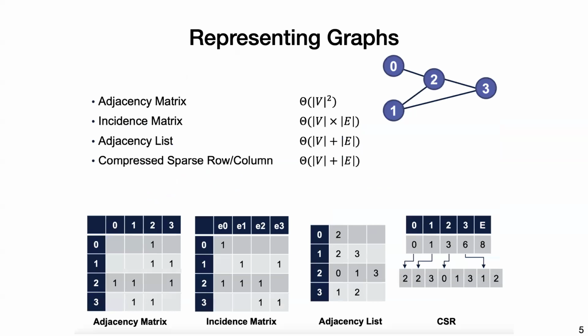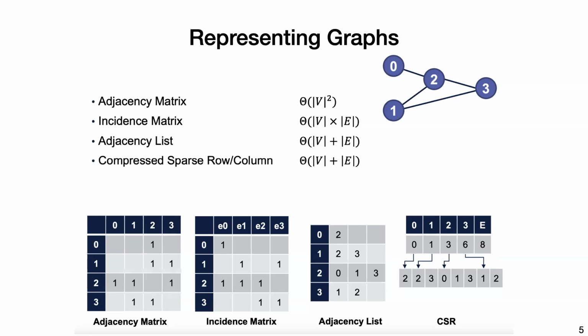There are a bunch of ways that we can represent the graph. The adjacency matrix, like I said, takes number of vertices squared slots, no matter how many edges there are. The incidence matrix is maybe one that you haven't seen. It takes space V, the number of vertices, times E, and it is usually used for hypergraphs.